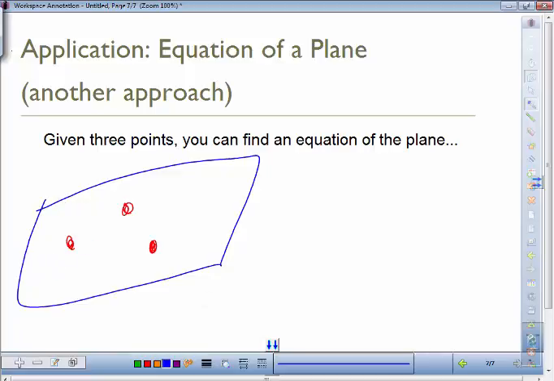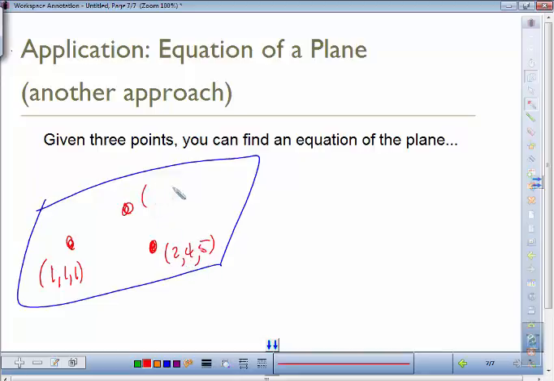What's our first point going to be? Just make it up. 3D. We're in 3 dimensions. 1, 1, 1. That's nice and boring. Next. 2, 4, 5.